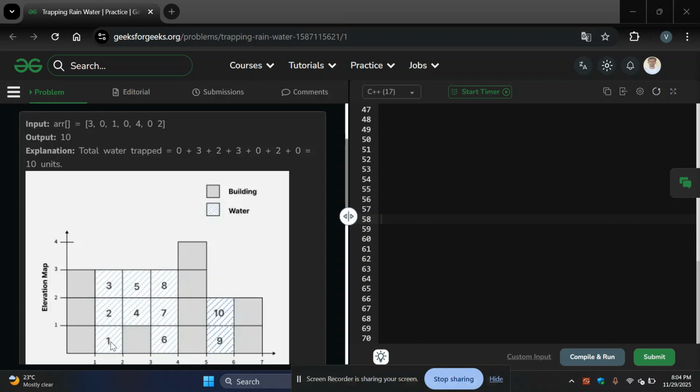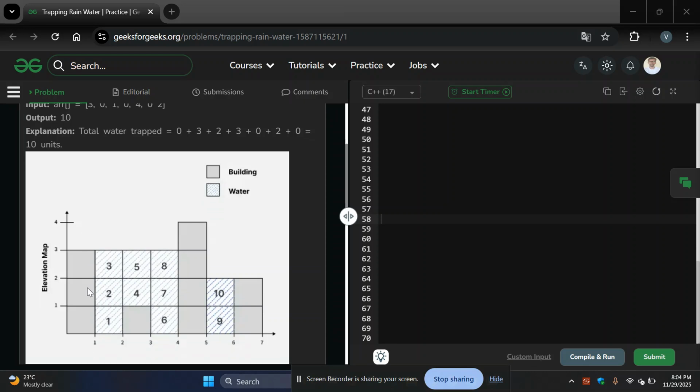So each unit has one width. Okay, we have to consider each unit, but we don't consider the width at each point, we just consider the height at each point. Okay, so here it's so simple.